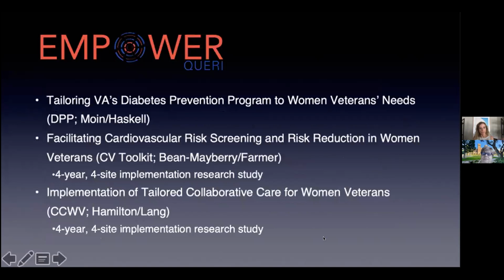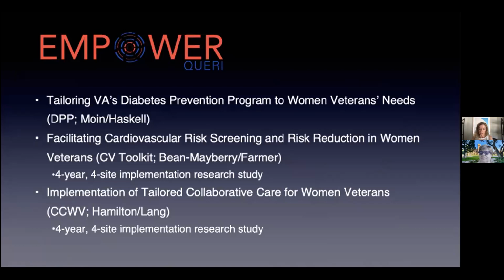A little bit about the interventions themselves. There was Tailoring VA's Diabetes Prevention Program to Women Veterans' Needs, a gender-tailored VA DPP program, led by Dr. Tanaz Moin and Sally Haskell. There was also Facilitating Cardiovascular Risk Screening and Risk Reduction in Women Veterans, which we called the CVD Toolkit.